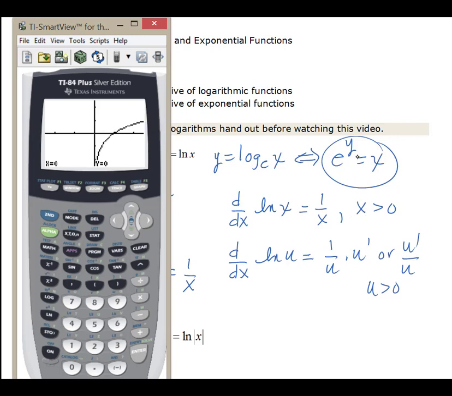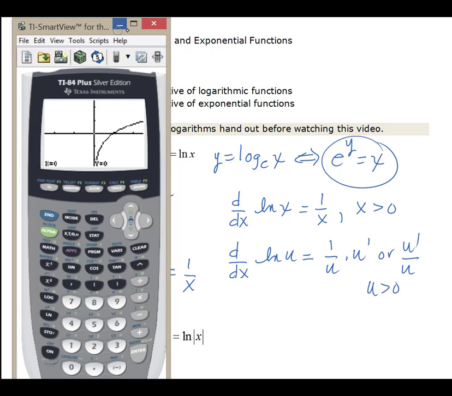That makes sense because when we look at the derivative, 1 over x, that fraction is always going to be positive since you're only using values of x that are greater than 0. So the slopes of the tangent lines will also always be positive.